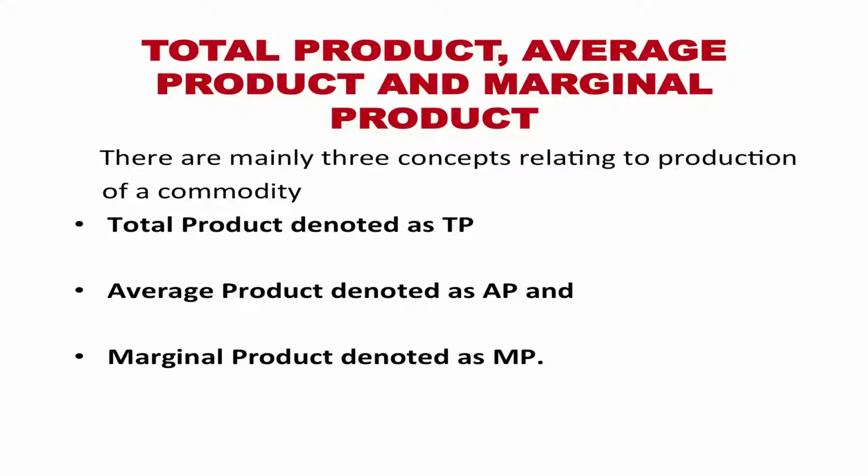It's time now for us to understand how we can measure production with the concepts of total product, average product and marginal product. There are mainly three concepts relating to production of a commodity. As I just now said, they are total product denoted as TP, average product denoted as AP and marginal product denoted as MP.